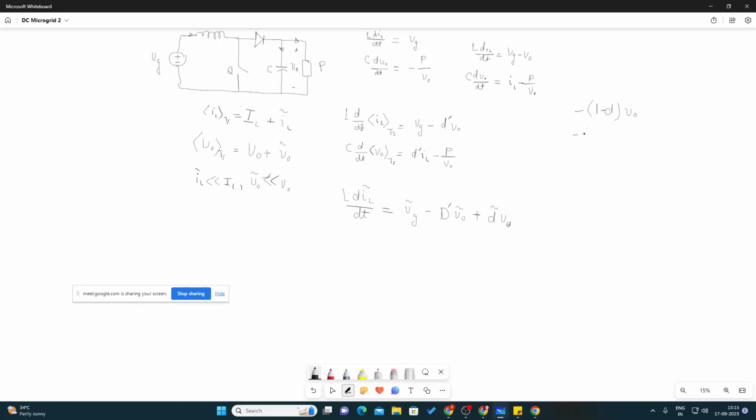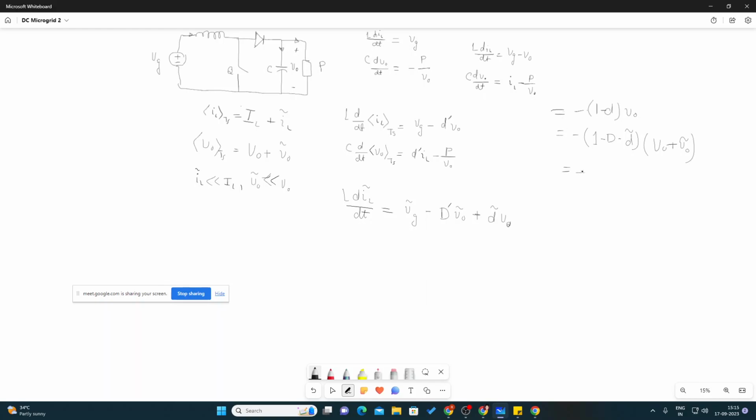Now if I expand it, minus (1 minus capital D minus D tilde) into (capital V0 plus V0 tilde). Now V0 tilde and D tilde are both small quantities, so their product is neglected.